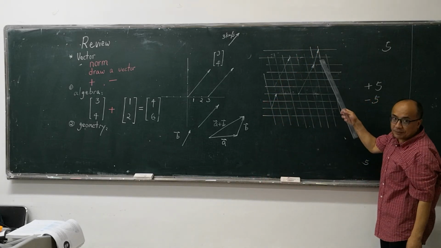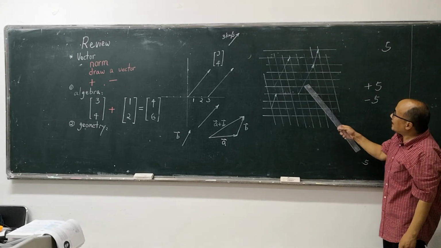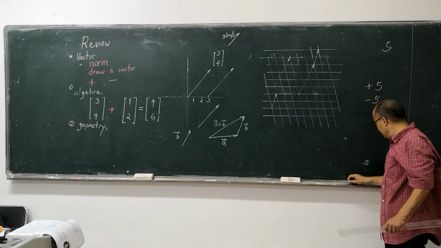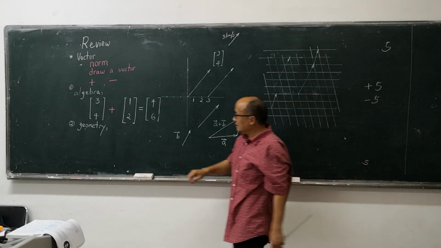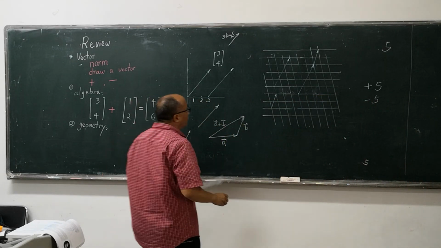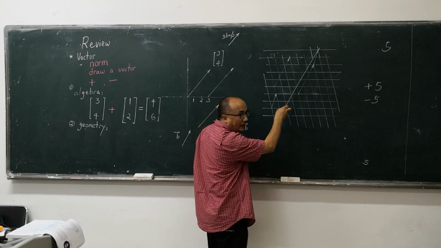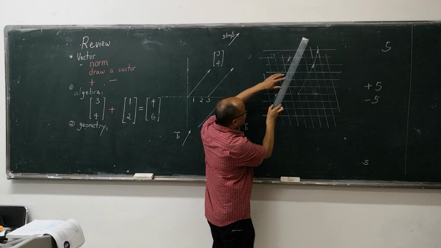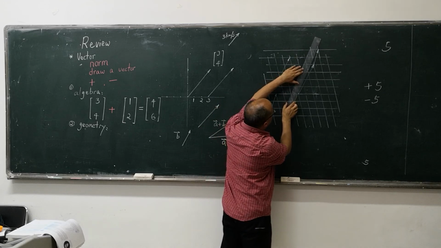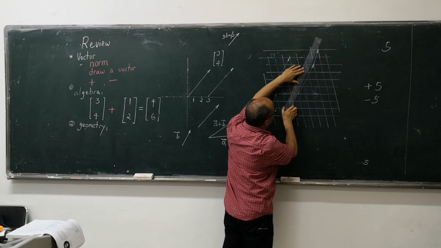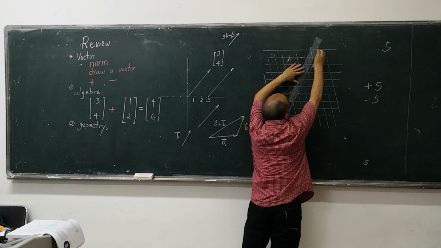So it's A plus B. And the final result is from here to the end of here. It's a little bit overlapping.